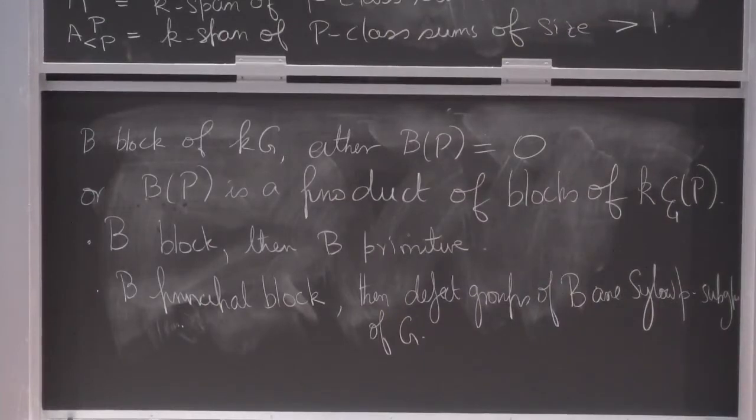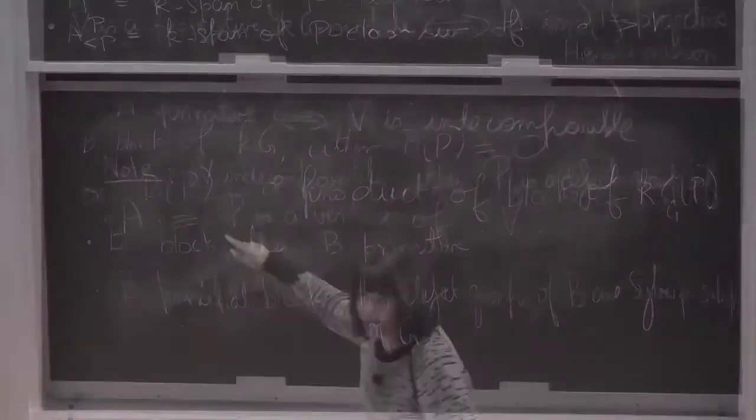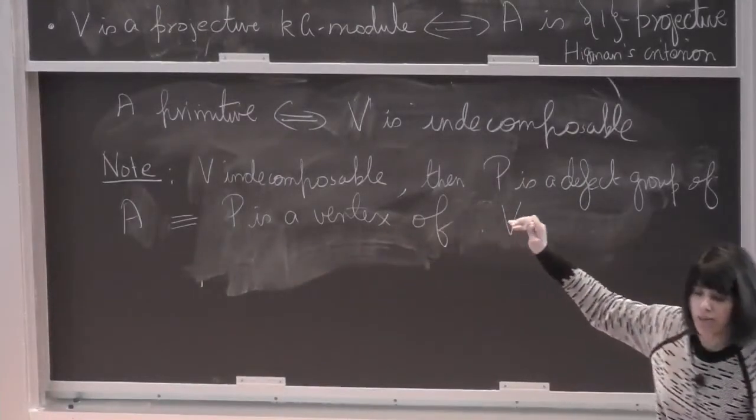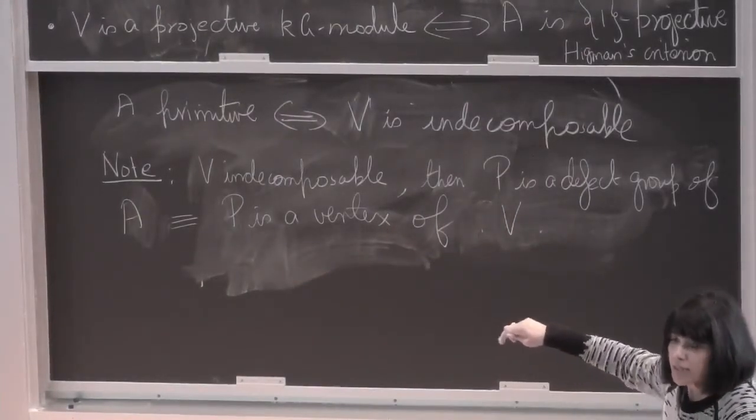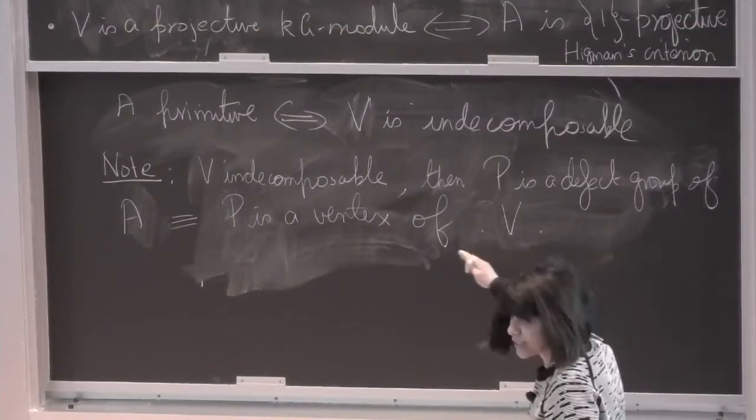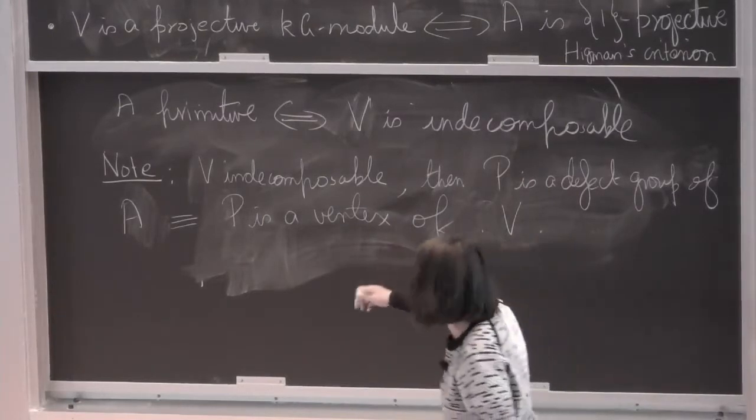Let me just fill in this picture here. This is more about vocabulary: vertices and sources. Does this thing give you sources as well? Yes, the sources are hidden in there.